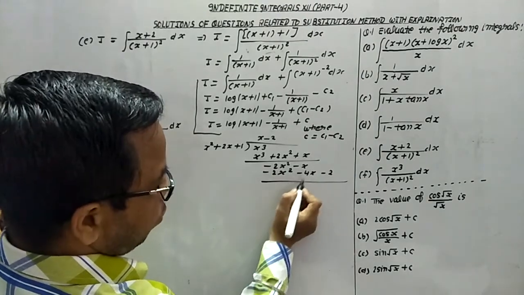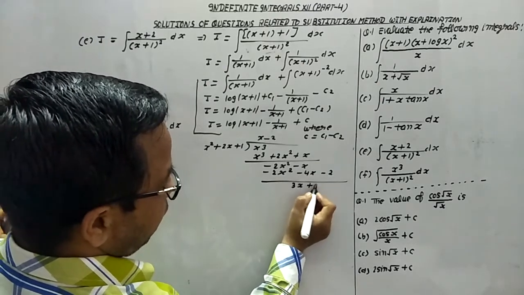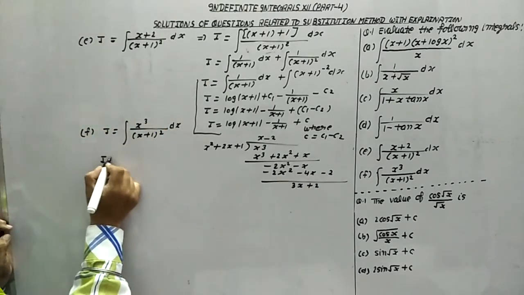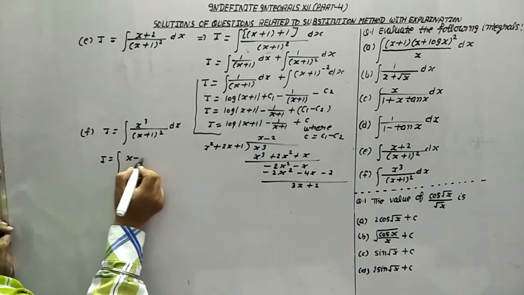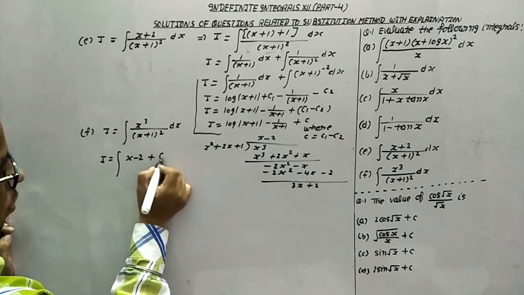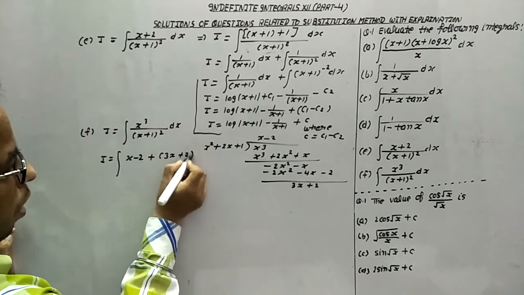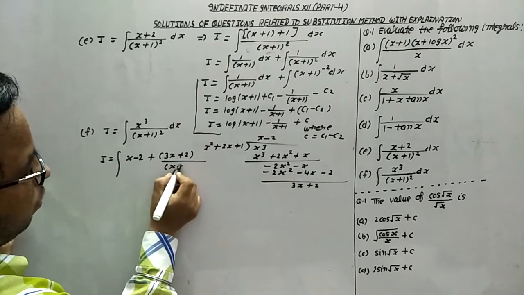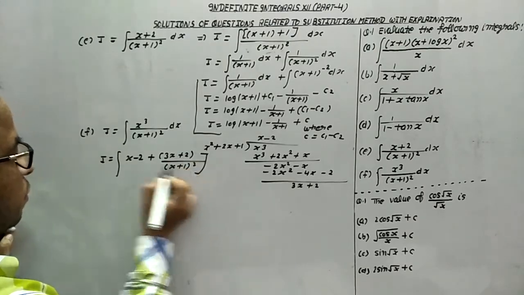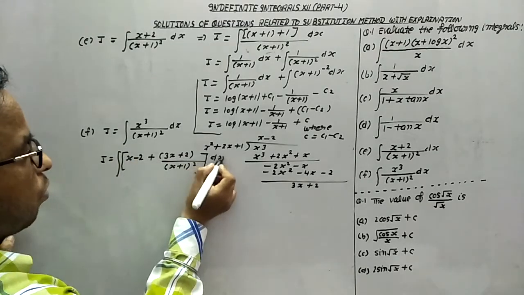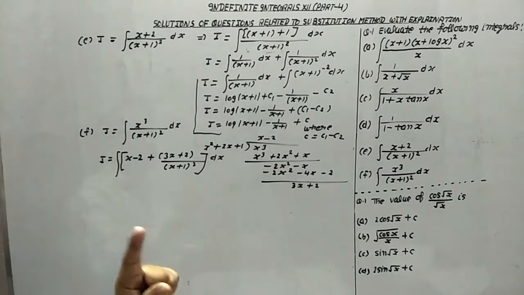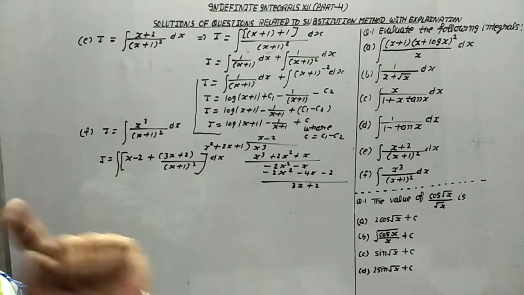Now this cancels out, so it means 3x plus 2. So I is equal to the integration of x minus 2 plus (3x plus 2) upon (x plus 1) whole square dx. First of all we have to do this long division process, otherwise we are not able to do this question.